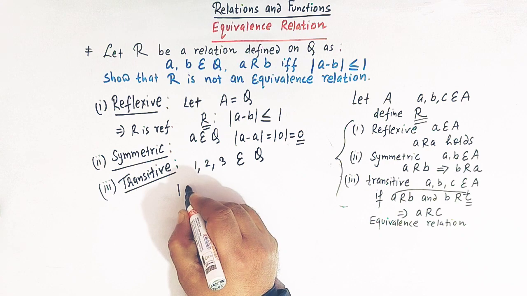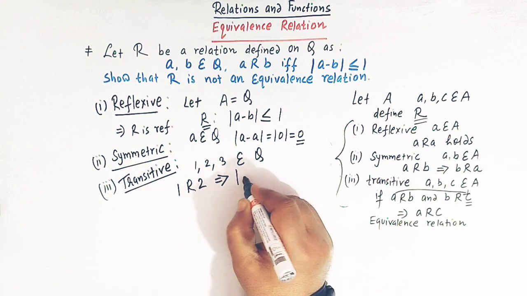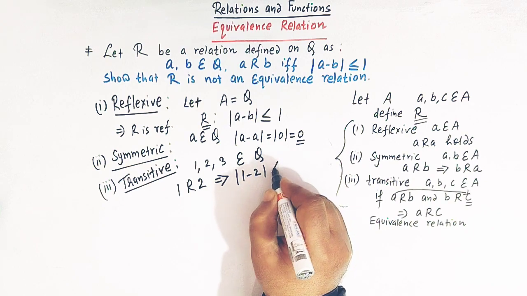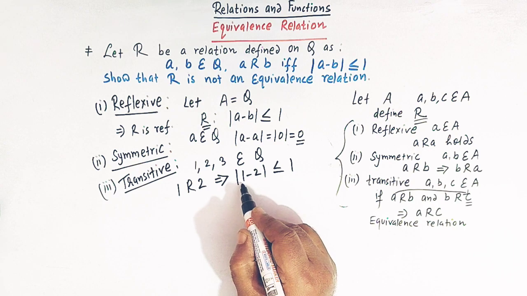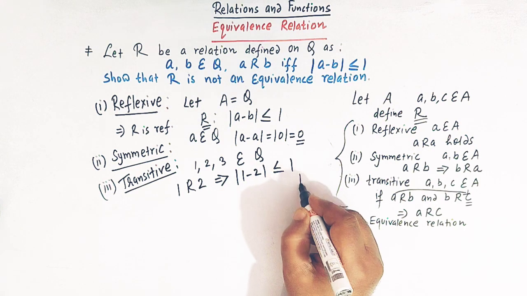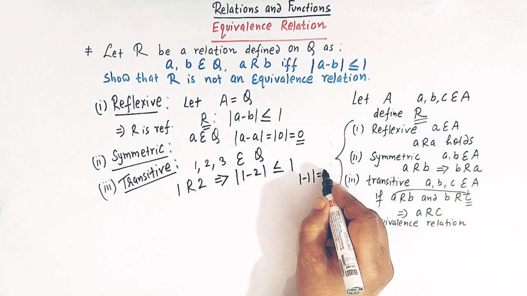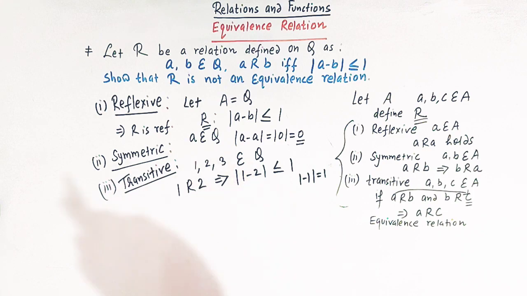Now 1 related to 2 implies that mod of 1 minus 2 is less than or equal to 1, which is true, because mod of 1 minus 2 is mod of minus 1, that is equal to 1. So 1 is obviously equal to 1.